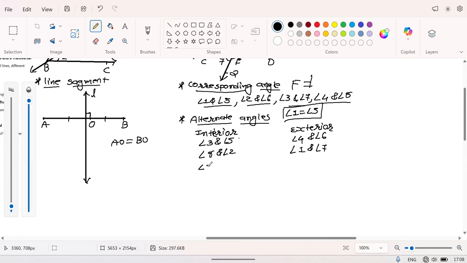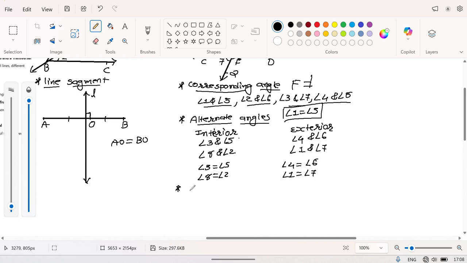It means angle 3 equals angle 5 and angle 8 equals angle 2. Also angle 4 equals angle 6 and angle 1 equals angle 7. So pairs of corresponding angles are equal and pairs of alternate angles are also equal.